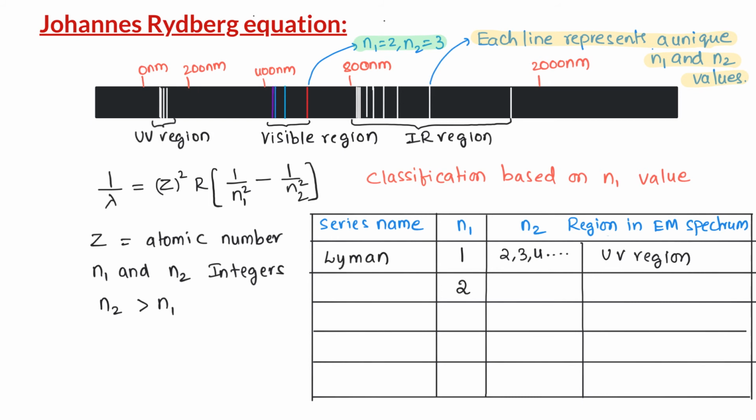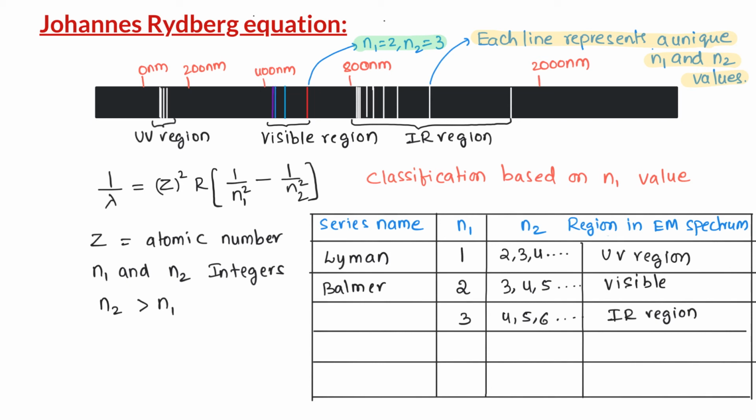For n1 equal to 2, the possible values of n2 are 3, 4, 5, and so on. Rydberg's formula is now reduced to Balmer's formula, and we know that the corresponding lines are in the visible region and the name of the series is called the Balmer series. For n1 equal to 3, the n2 values are 4, 5, 6, and so on, and the lines appear in the infrared region of the electromagnetic spectrum.